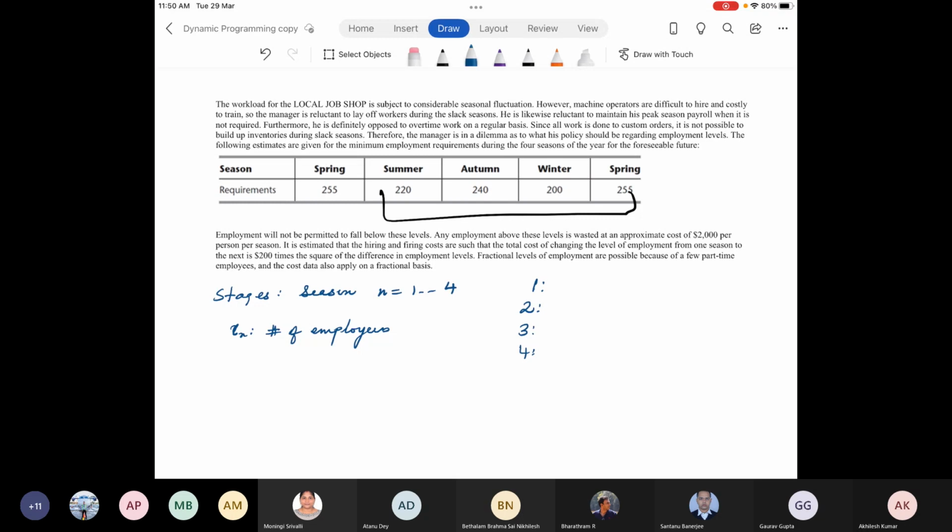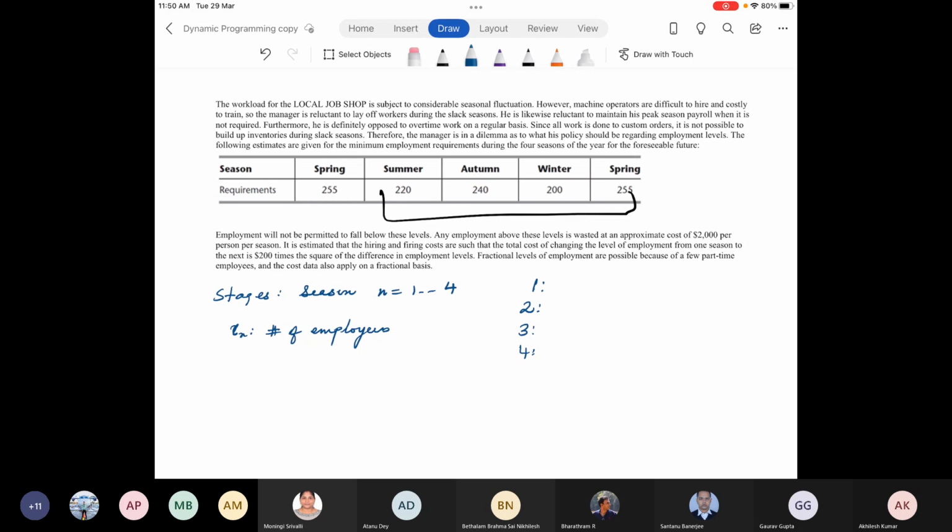Sir, whatever we keep, we should have a previous value so that we know the difference to get the cost. We can start from any value, but if we start from autumn, we should have one value of summer before that. That is why I am saying, you will know one value of summer. You know the minimum, right?